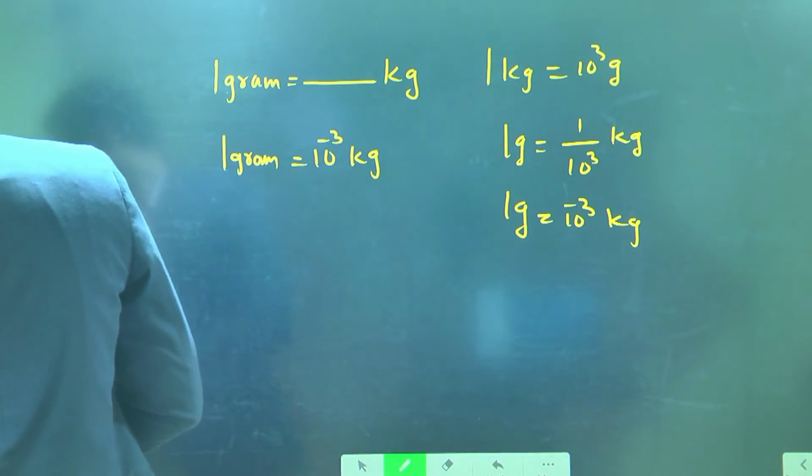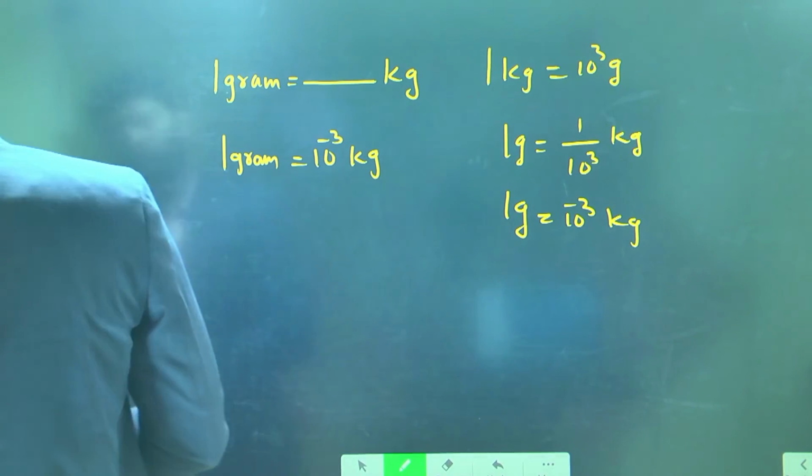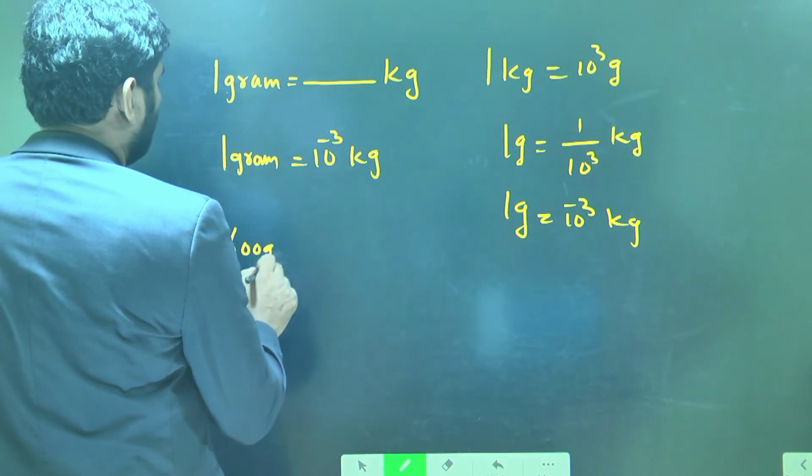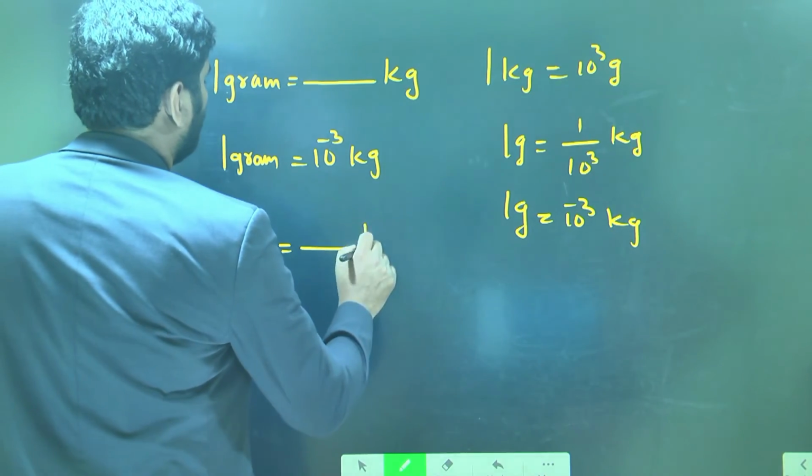Not only that, I'll give one question. 600 grams is equal to how many kgs?